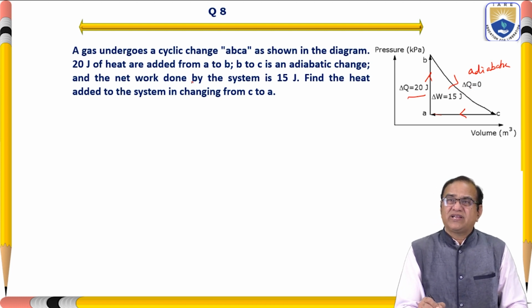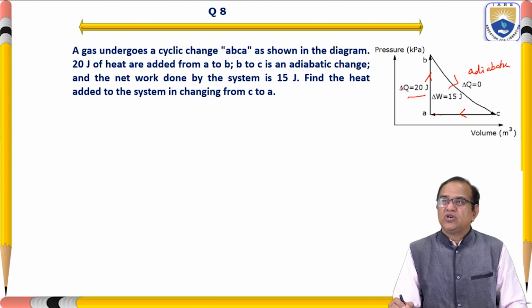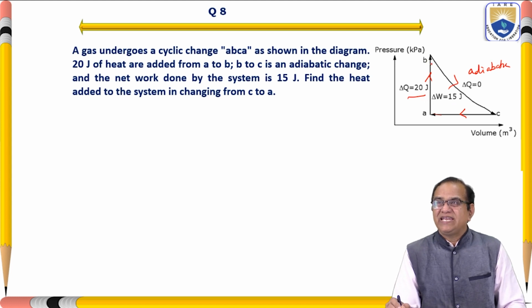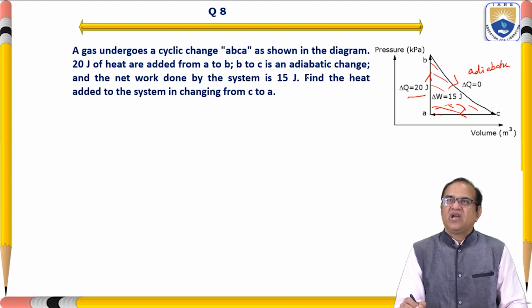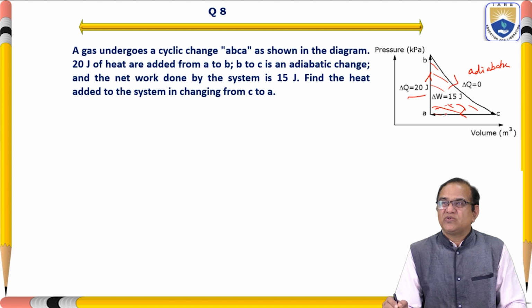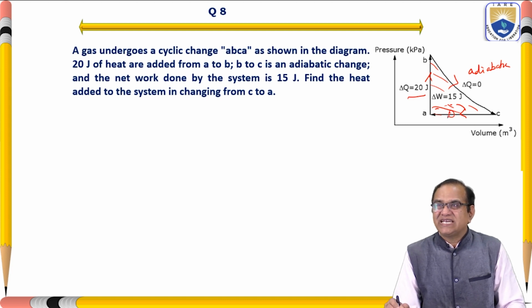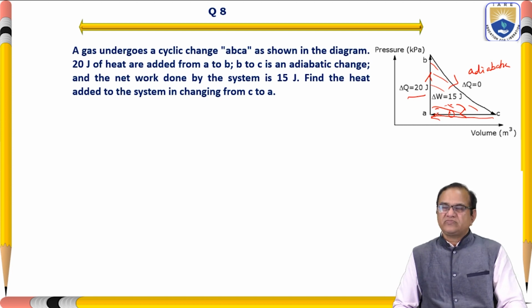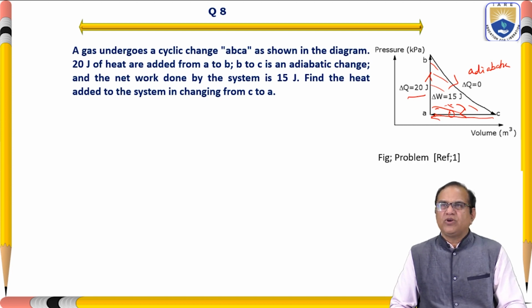And the net work done by the system is 15 joule, so delta W is 15 joule. The area of this plot is 15 joule. Find the heat added to the system in changing from C to A. So how much heat is added from C to A? This is our problem.